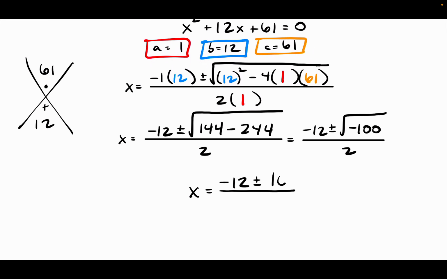So it's going to be 10i here. There's the i. So now I have a negative 12 and a 10i on top, and I have a 2 dividing. The 2 is actually dividing both of them. So I'm going to give each: negative 12 and 10 divided by 2.